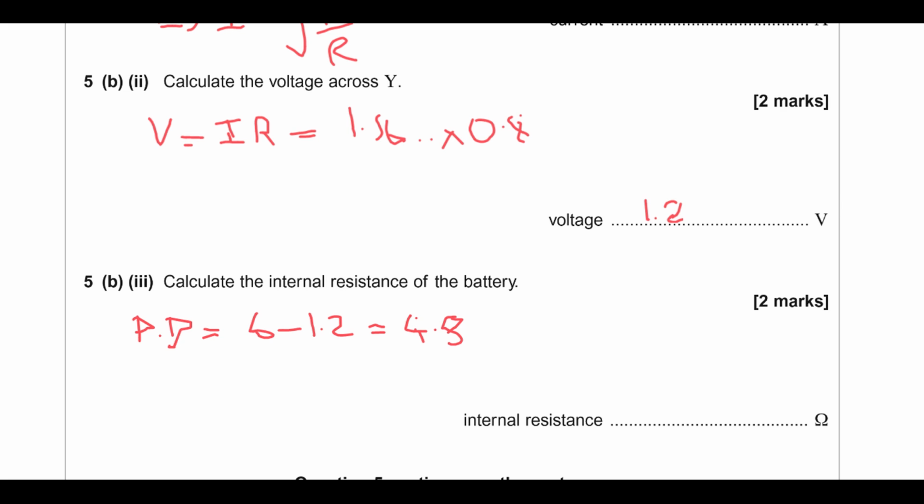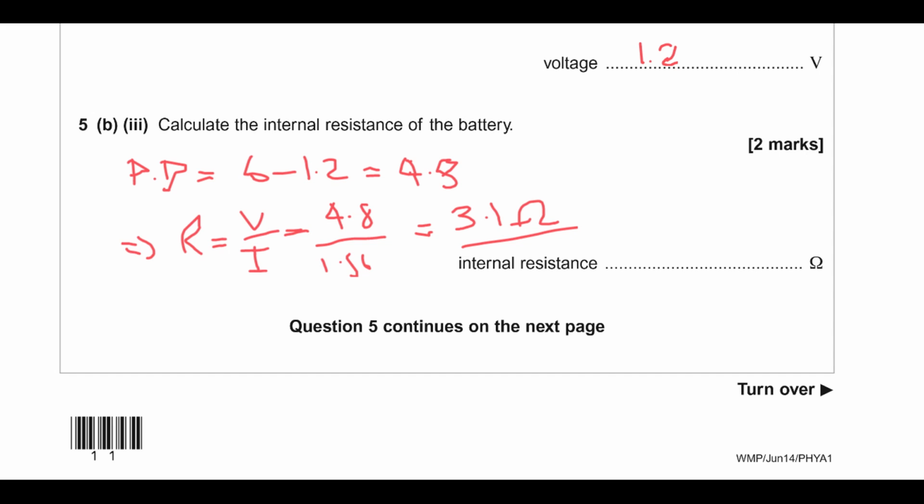We know the current through it is this 1.56. So R is V over I. So it's 4.8 divided by 1.56. So let's do that. Divided by answer, which I think gives a value of 3.1 ohms.